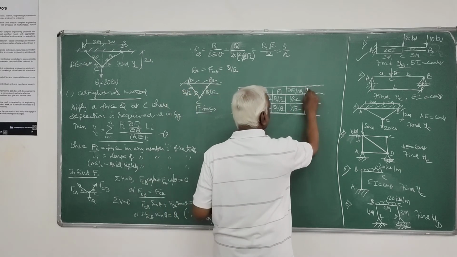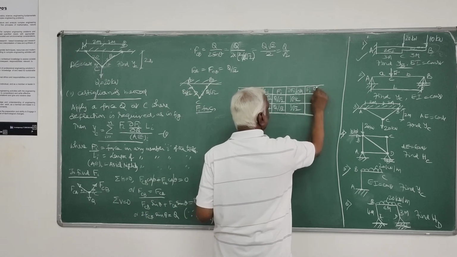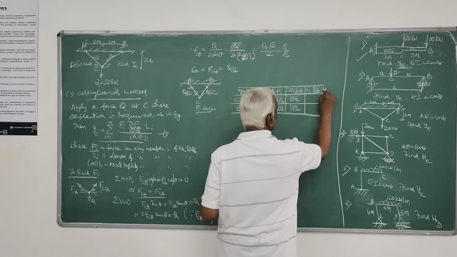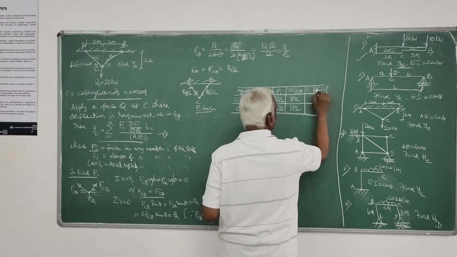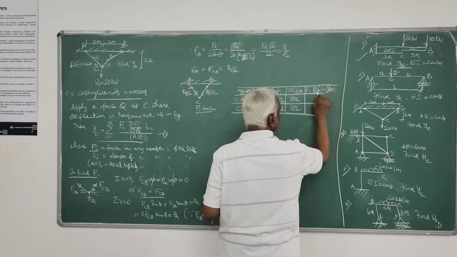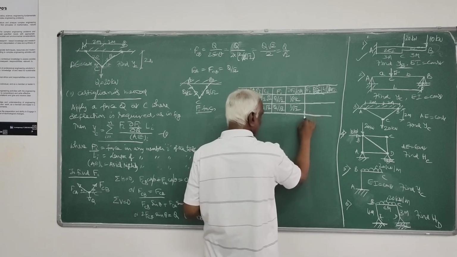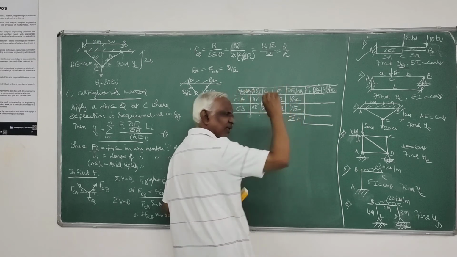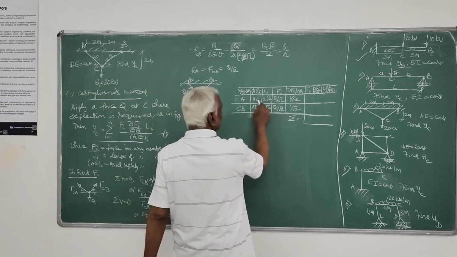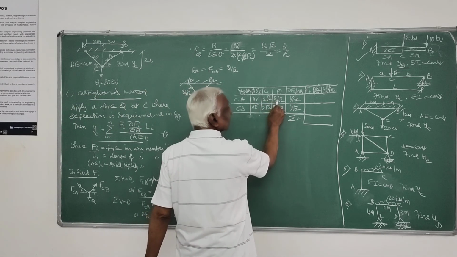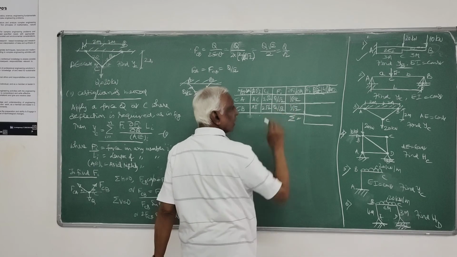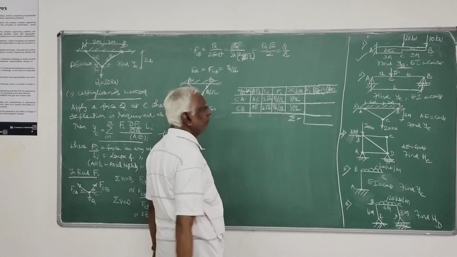F5 into delta F5 by delta Q into Li divided by AE. Straight away I will compute in that last column that entire value, that sum I will evaluate. I will get YC straight away in the table itself. So this into this into this. This is Li, this is F5, this is delta F5 by delta Q. These three columns I have to multiply.